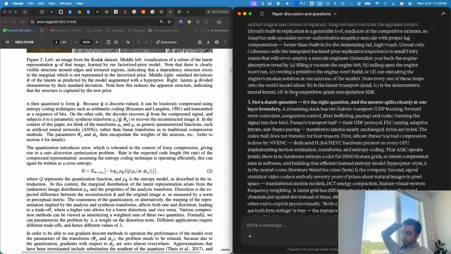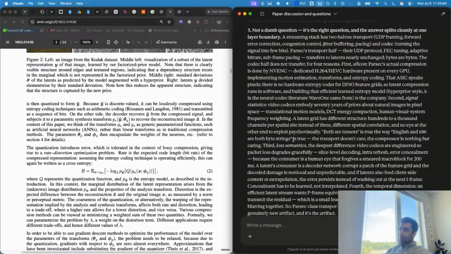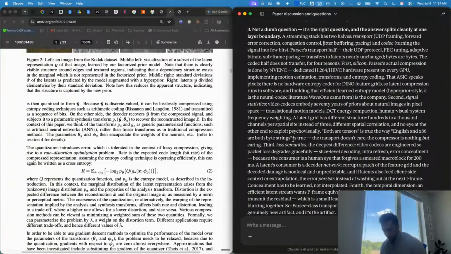Just to explain this, I was asking Claude why this company Parsec has built this networking stack for efficient pixel transport between client and server.